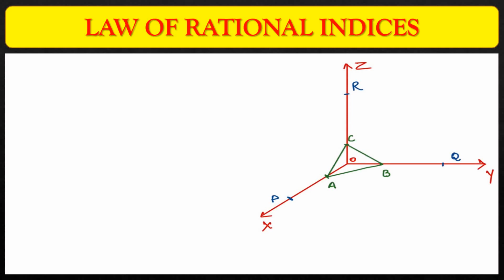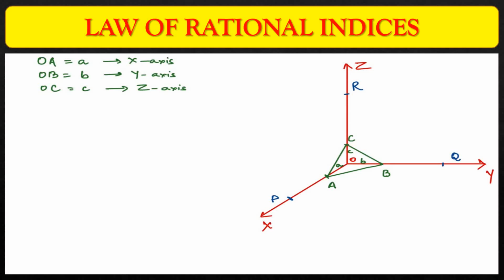The intercept made by this unit plane ABC along the x-axis is A, along the y-axis it is B, and along the z-axis it is C. So we can represent these intercepts as OA equals A, OB equals B, and OC equals C. So this is along the x-axis, this is along the y-axis, and C along the z-axis. These are the unit plane intercepts along the x, y, and z-axis respectively.